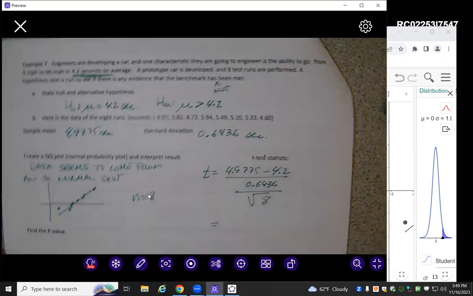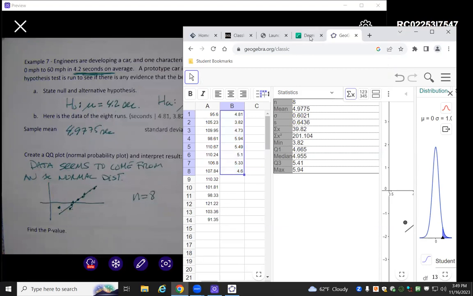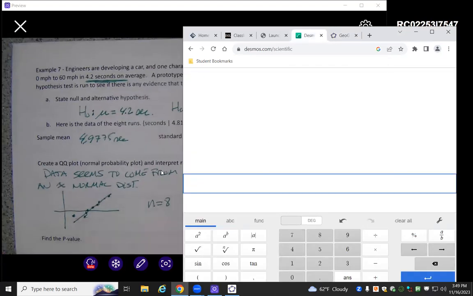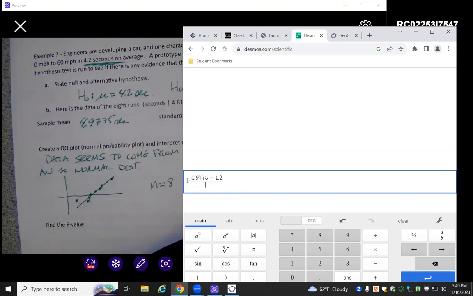And I'm going to enter all that into the calculator. Decimals calculator. 4.9775 minus 4.2. And notice I'm going to highlight both of those and hit the division key, so that way it knows to take all that and put it in the numerator.